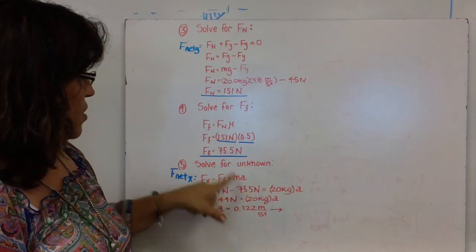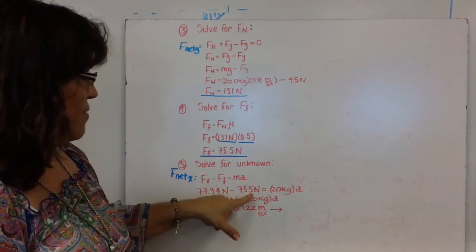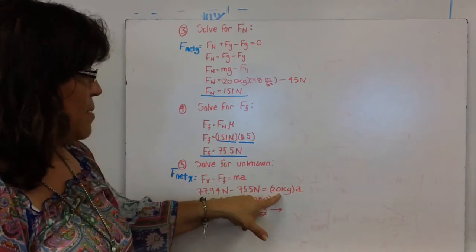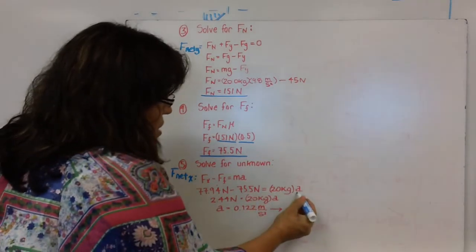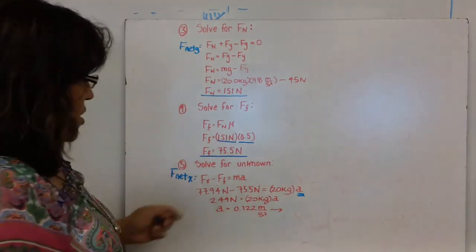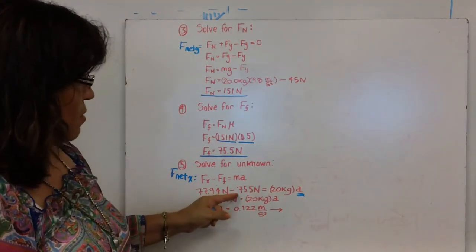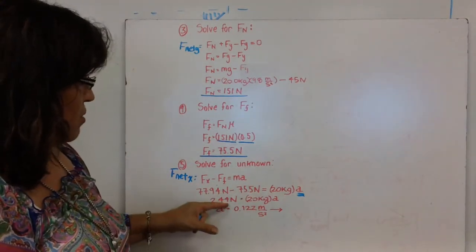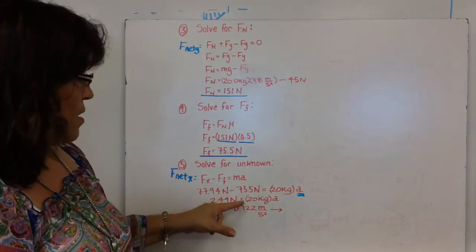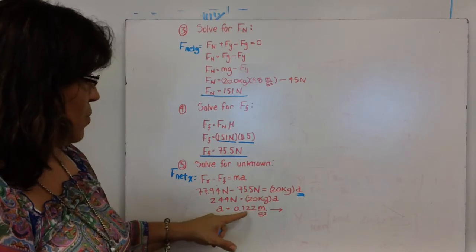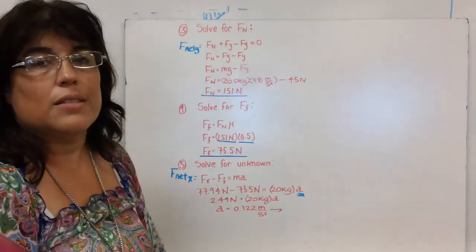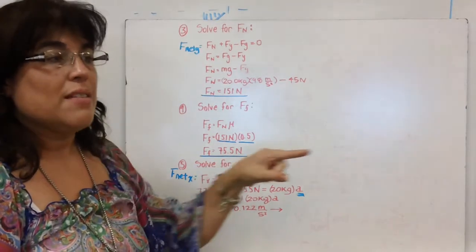The friction force is right here, 75.2, equals m, which is 20 kilograms, times a. Our only unknown is our a value. So 77.94 minus 75.2 equals 2.44, equals 20a, and we divide by 20, and our acceleration is 0.122 meters per second squared, and it will be moving this way.